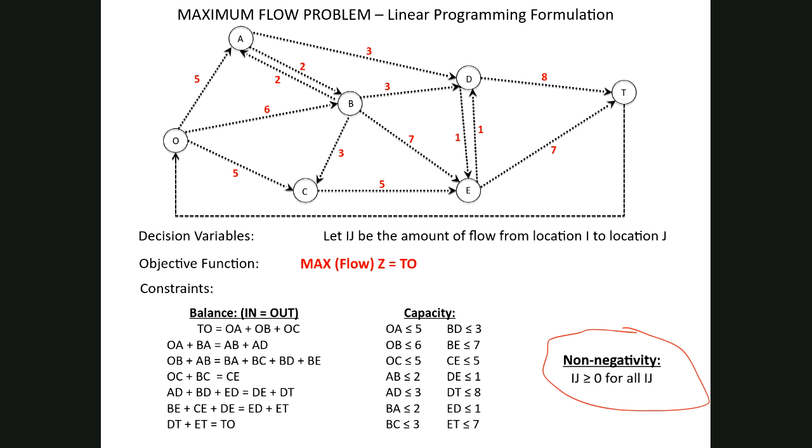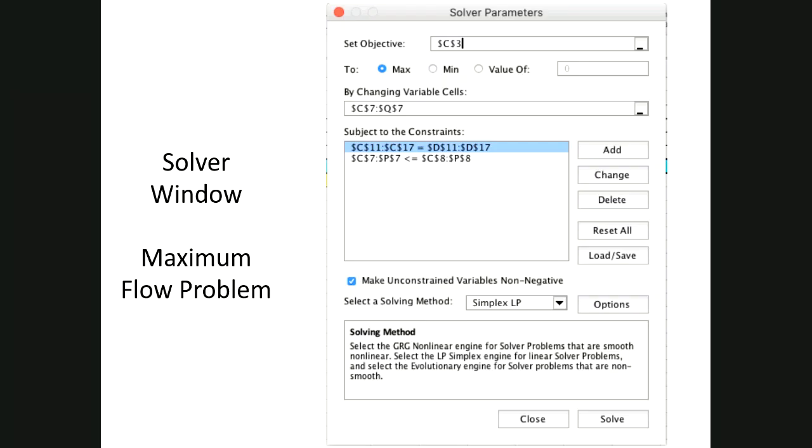And now, as before, this is the solver window for the max flow problem. You'll be able to pull this up in Excel. Don't forget, this is a maximization problem. We've got 2 sets of constraints.